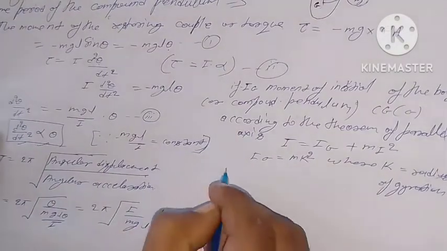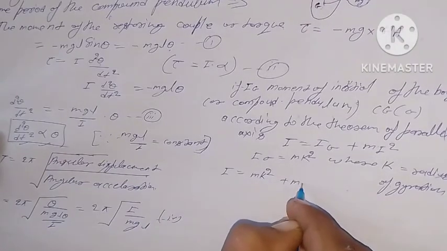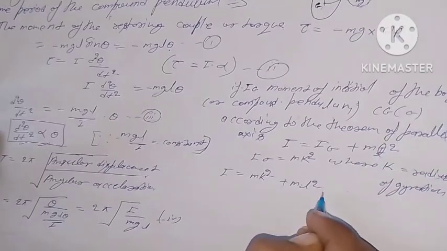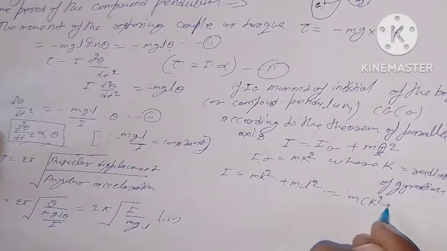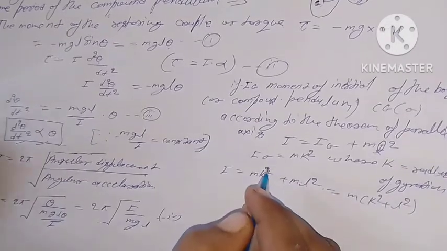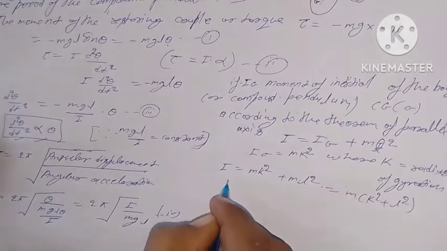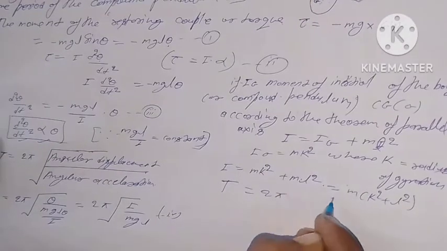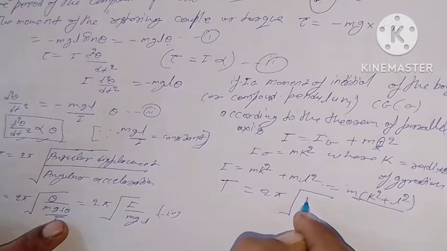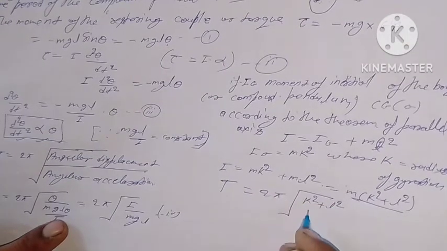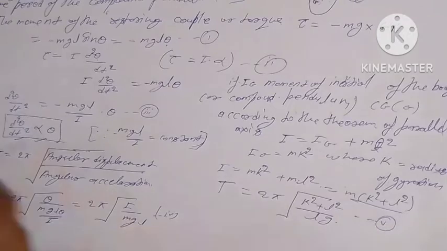Then I equals mk square plus ml square, equals m times k square plus l square. Substituting I in relation 4, we have T equals 2 pi under root of k square plus l square upon lg. This is equation number 5.